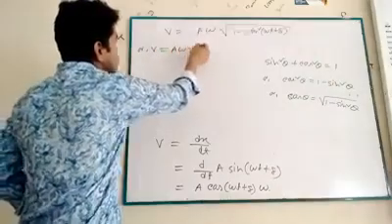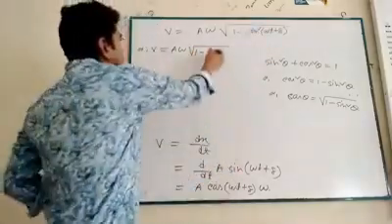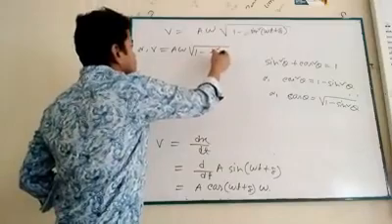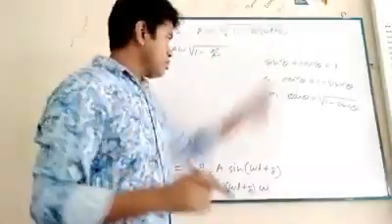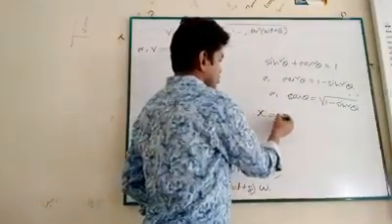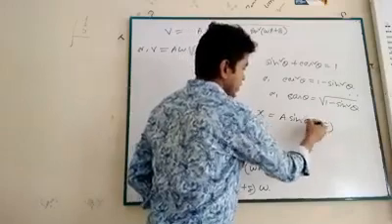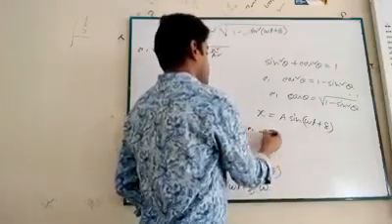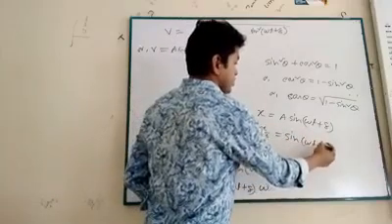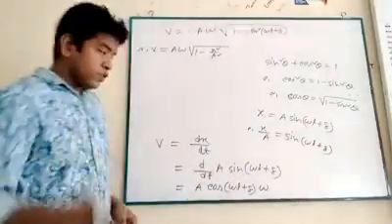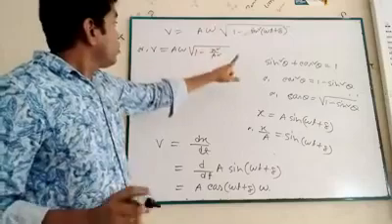and next, v equal to a omega square root of 1 minus x square by a square instead of sin square(omega t plus delta), because we know x equal to a sin(omega t plus delta), or x by a equal to sin(omega t plus delta). Do you understand?